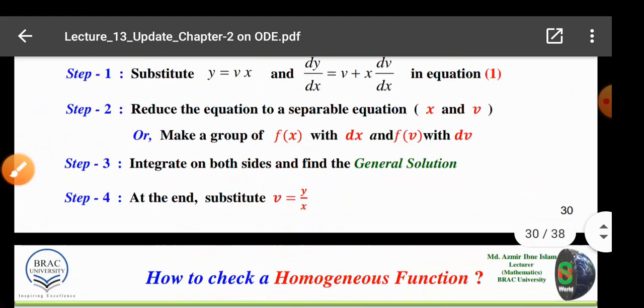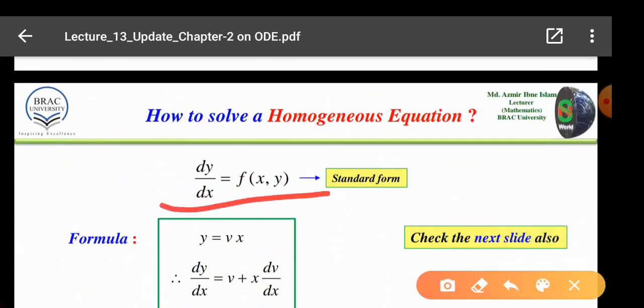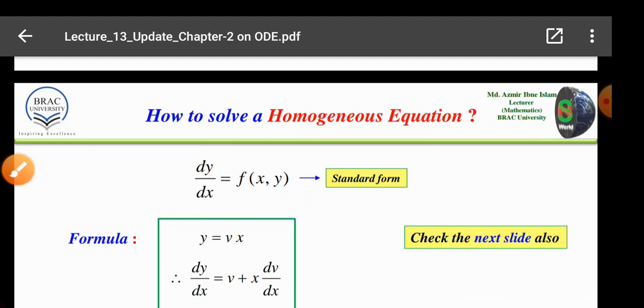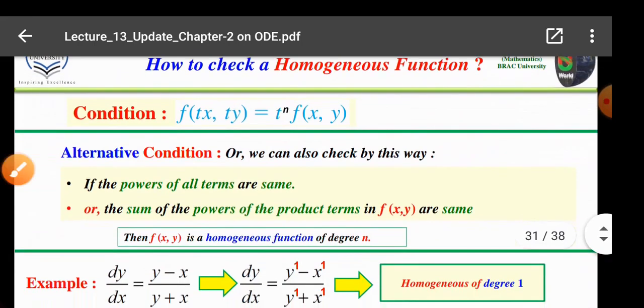Since this function is homogeneous, we can say this is a homogeneous differential equation. Don't be confused with the previous concept. That was a linear homogeneous differential equation where the right side is 0, but here the right side is a homogeneous function of degree n. You can see this is degree n.